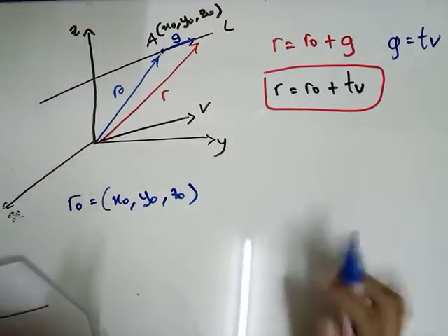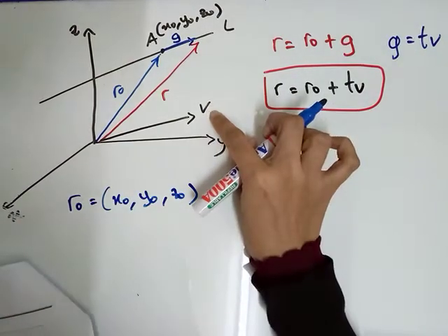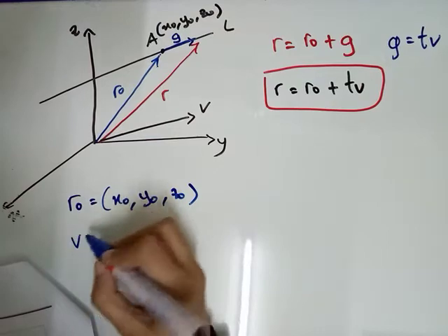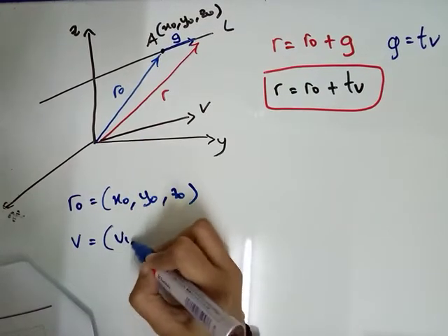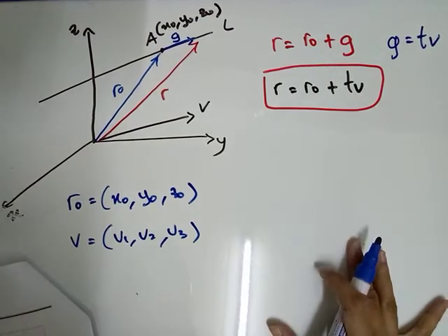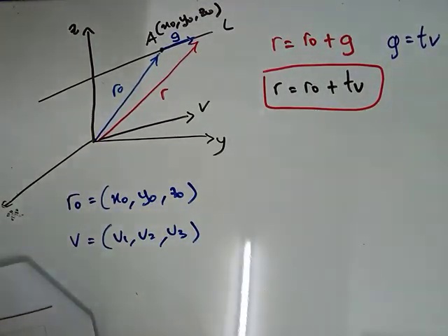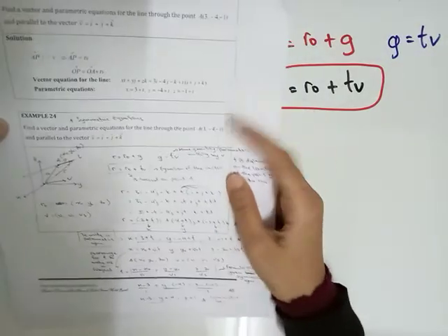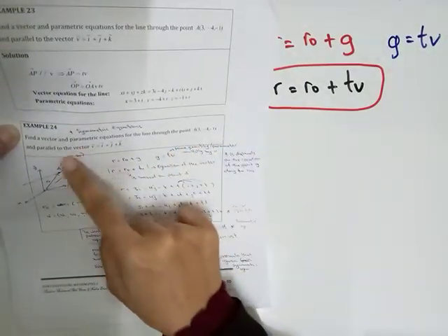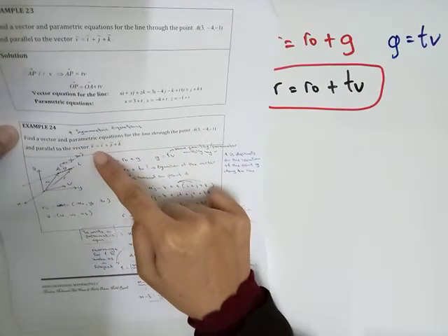And vector V that is parallel with line L has the value V1, V2, V3. From example 24, the point A and the vector are already given.